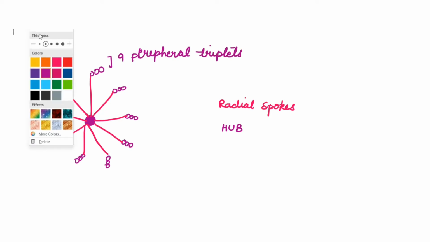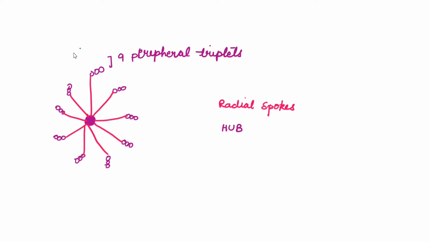Each of these triplets is made up of fibrils of tubulin protein, and there is no central sheath like in the cilia and flagella. There is only the hub over here, and this hub is connected to each of the peripheral triplets by radial spokes, and this you see is the linkers.